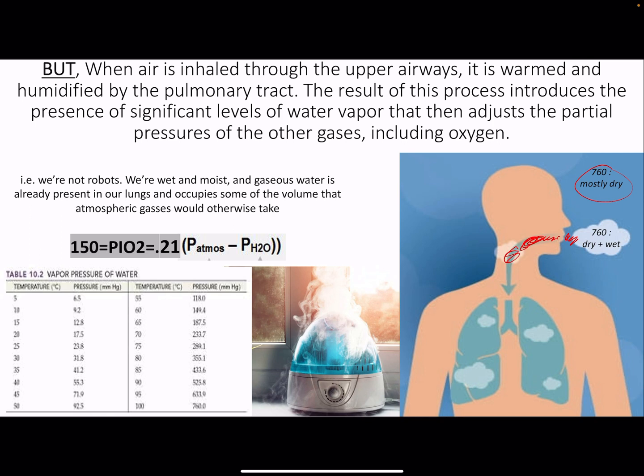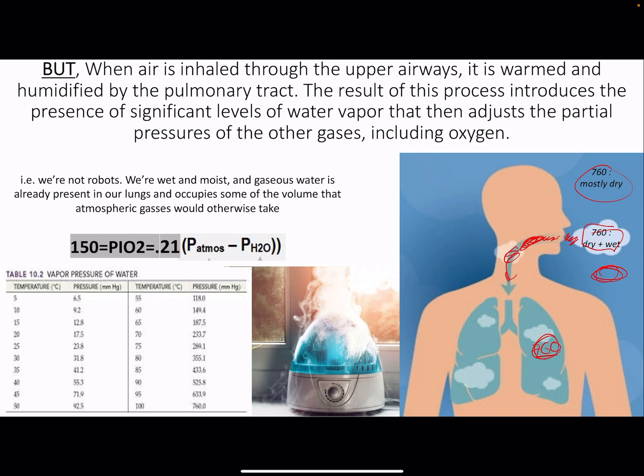So if it's 760 out here, at functional residual capacity it's also going to be 760 there. But again, there's a lot of water vapor on the inside and there's not as much on the outside. So the 760 that you inhale into your respiratory tract is going to be dry plus wet, which means there's less, so that 160 value of oxygen has to come down.